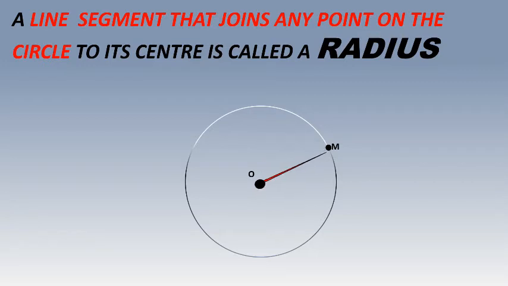If we take another point N, which is on the boundary of the circle, and the distance from O to N is 6 centimeter, then it will remain the same throughout the circle. As you can see, if we take one more point Q, the distance from O to Q is 6 centimeter. If we take another point P, the distance from O to P is 6 centimeter.